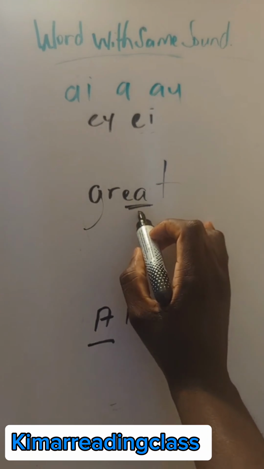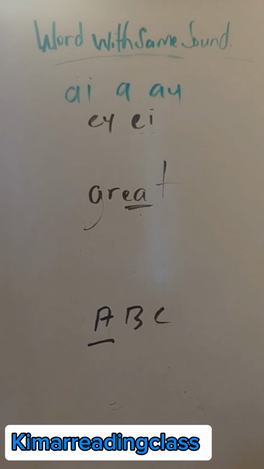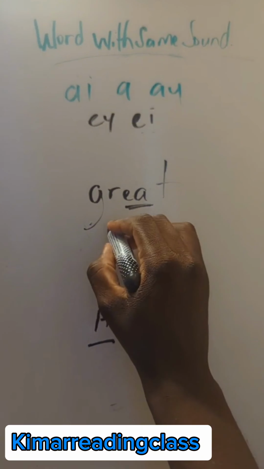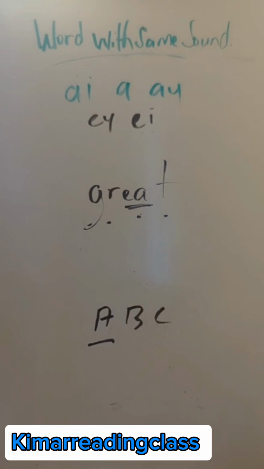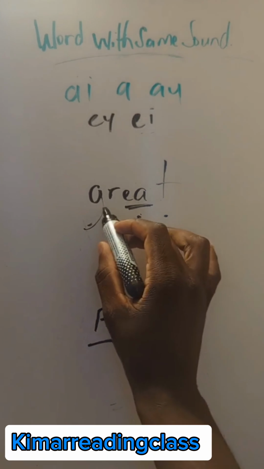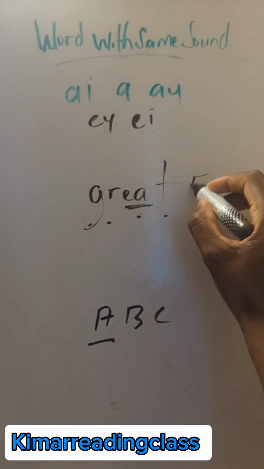And this combination right here is saying A. Now when you read, reading deals with sound. See? Reading really deals with sound. So you see, if you know the sounds, it would be great for you. Because this is 1, 2, 3, 4, 5 letters.